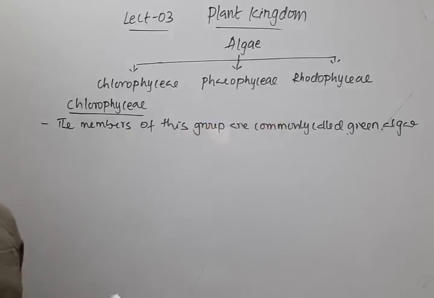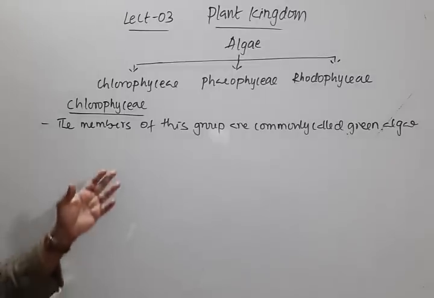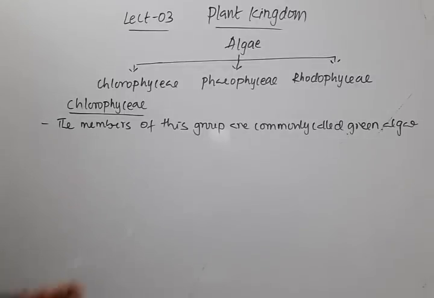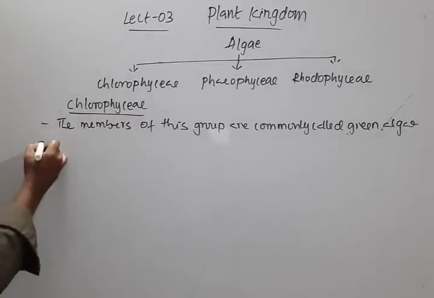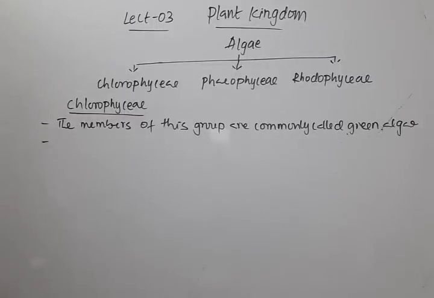The reason behind those colors is the presence of pigments, which I will tell you shortly. The members of this group are commonly called green algae because they appear green in color.